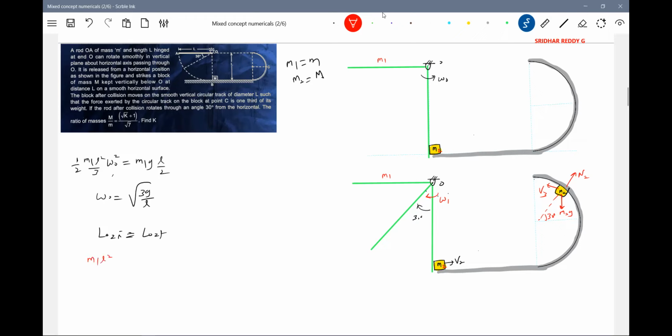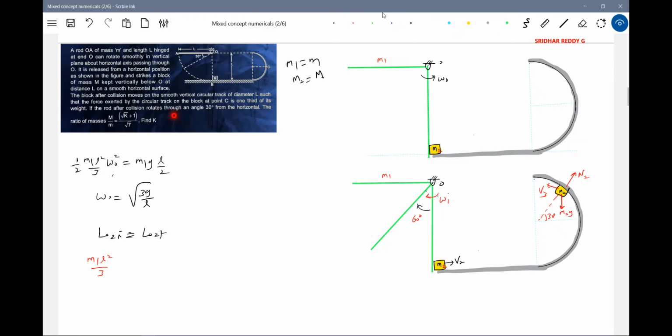That should be 60 degrees, sir. If the rod after collision rotates to an angle 30 degrees from the horizontal, then this will be 60 degrees from the vertical.